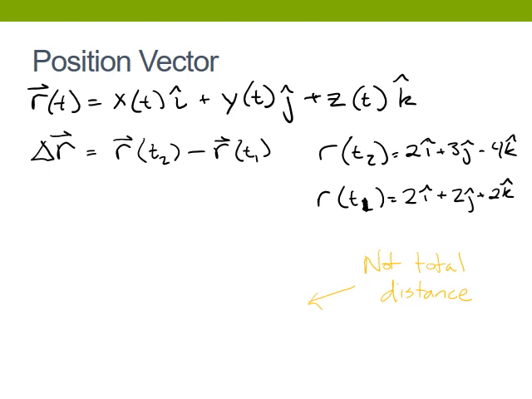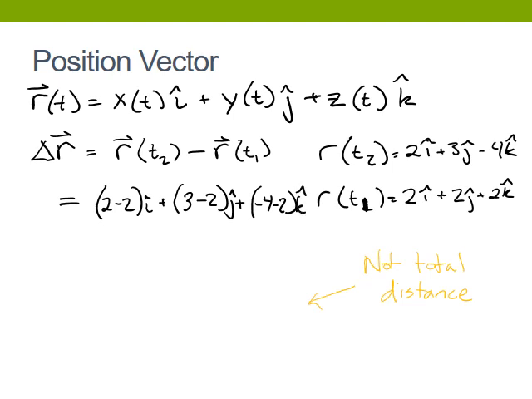I would just say, all right, well, this is going to be 2 minus 2 i hat plus 3 minus 2 j hat plus minus 4 minus 2 k hat.